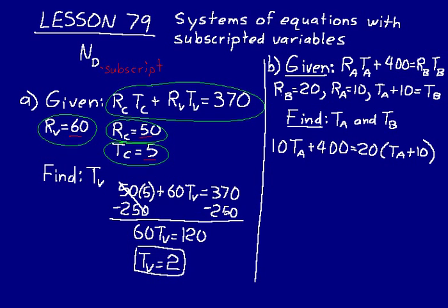And now we have one equation with just one unknown in it, TA. Let's simplify on the right. We'll rewrite all this: 10 TA plus 400 is equal to 20 times TA, or 20 TA, plus 20 times 10, which is 200.